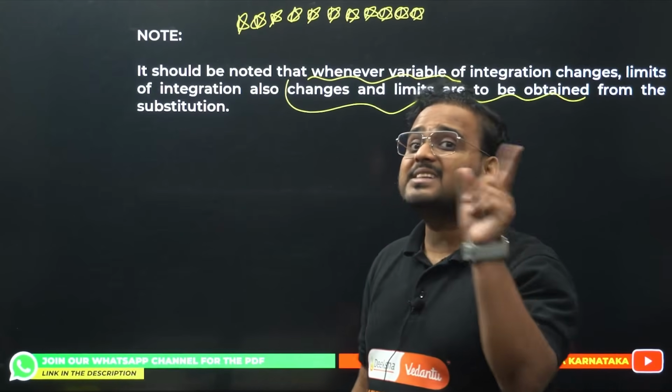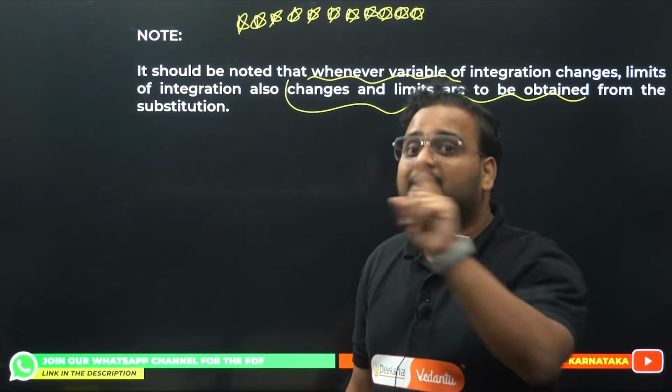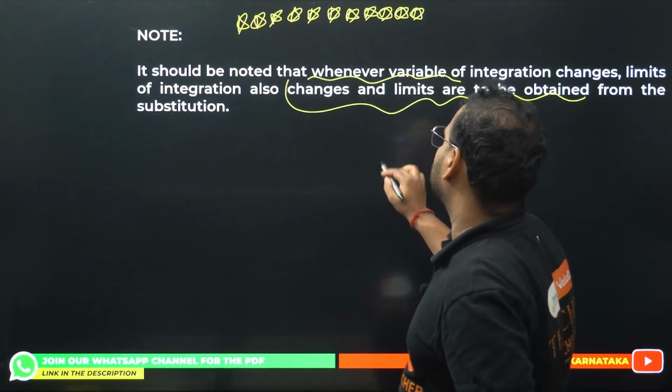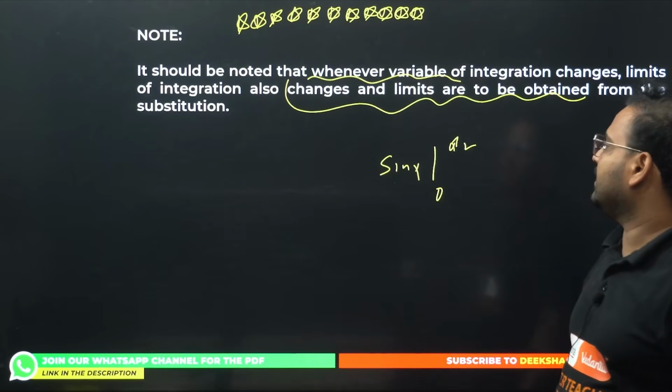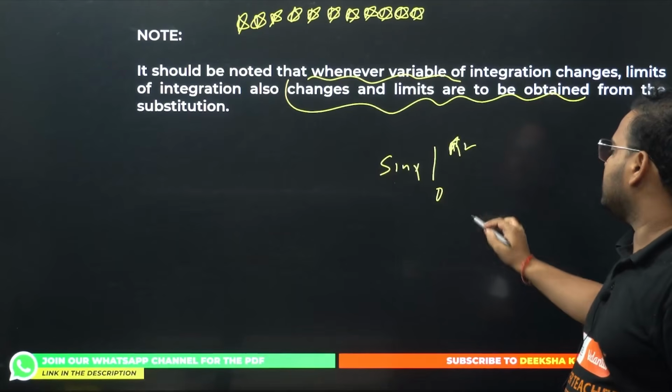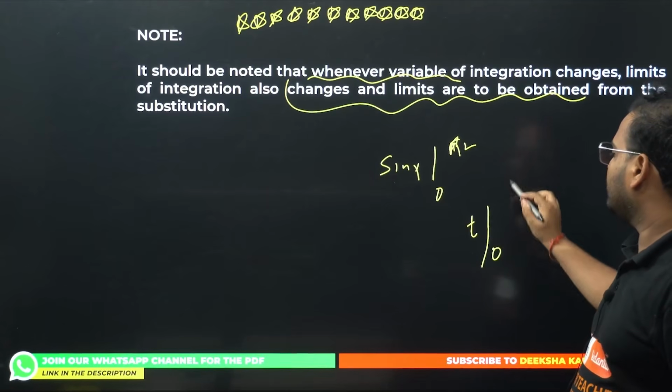But now you're taking sin x as t, so the limit has to be changed for the variable t, not x. Let's say the limit was given from 0 to pi by 2. But you're taking sin x as t. What will happen? It will become 0 to 1.